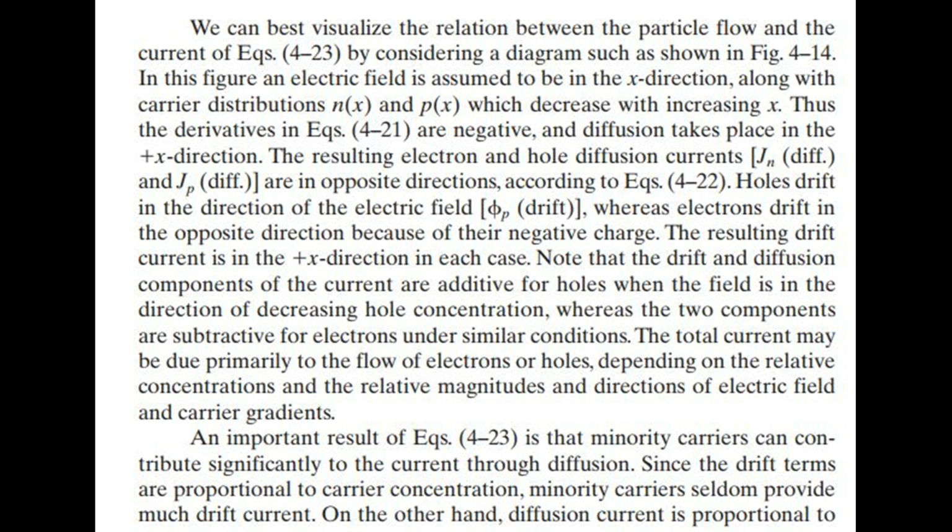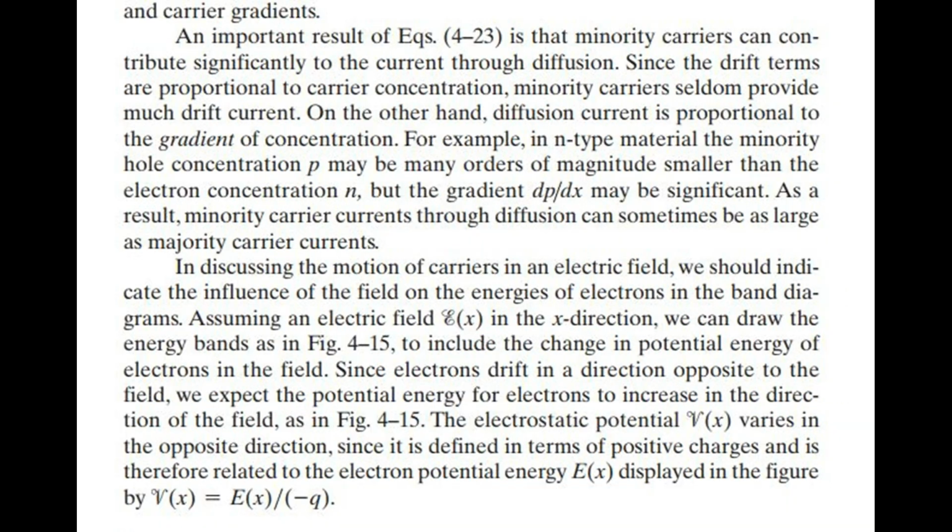An important result of EQs 4-23 is that minority carriers can contribute significantly to the current through diffusion. Since the drift terms are proportional to carrier concentration, minority carriers seldom provide much drift current. On the other hand, diffusion current is proportional to the gradient of concentration.